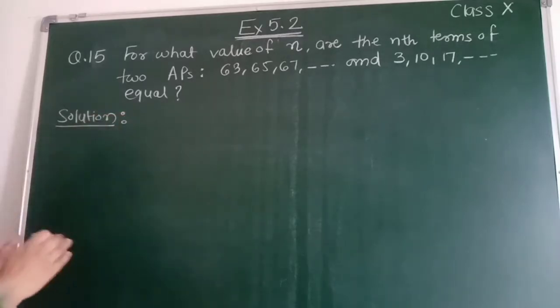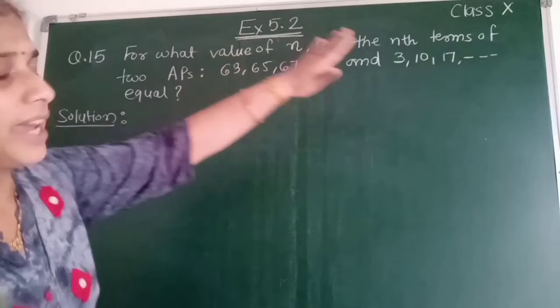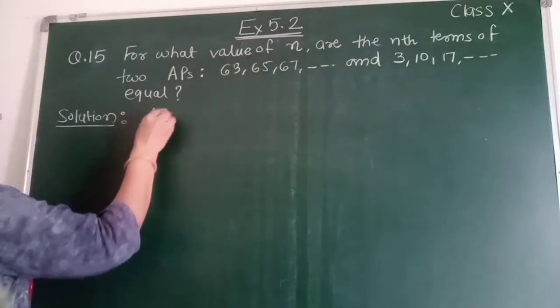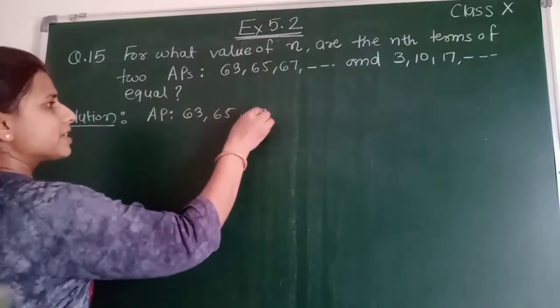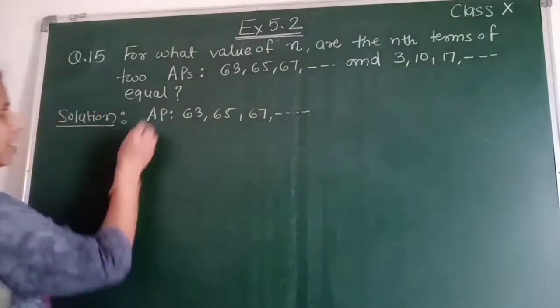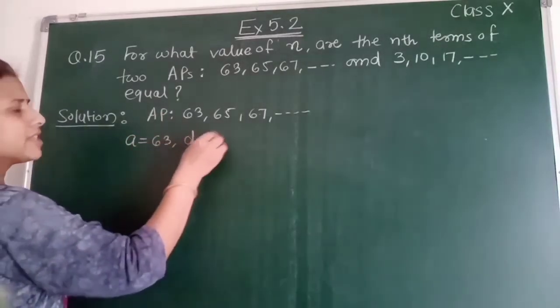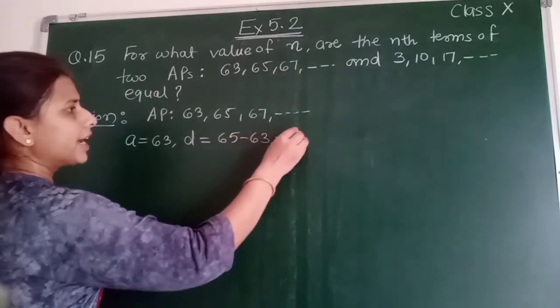First, we will find the nth term of this first AP and then of the second AP. Your first AP is 63, 65, 67 and so on. For this AP, the value of a is 63 and the common difference is 65 minus 63. What will we get? We will get 2.